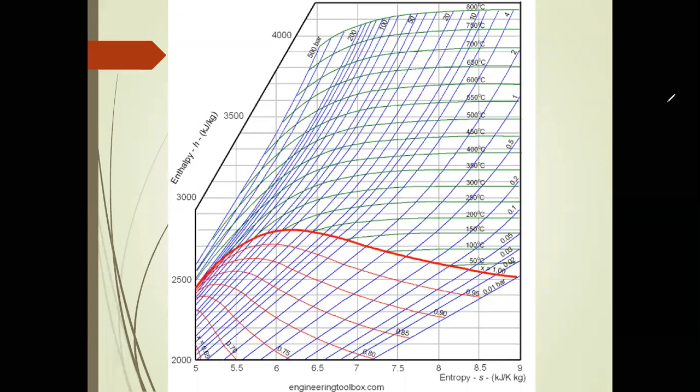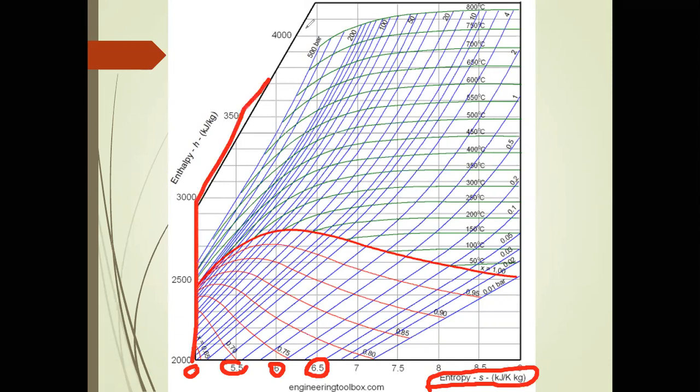First of all, you can see that the x-axis is the entropy S, and you can check the values 5, 5.5, 6. These are the entropy values. And the y-axis is the enthalpy value.